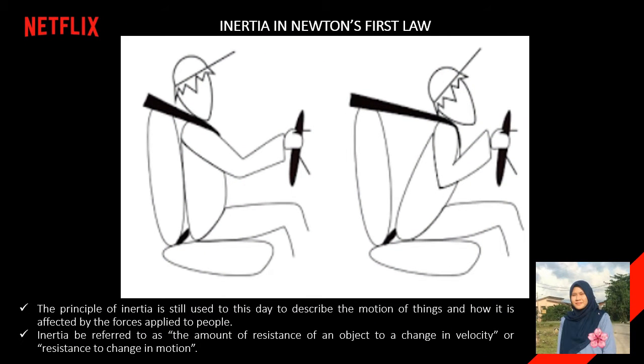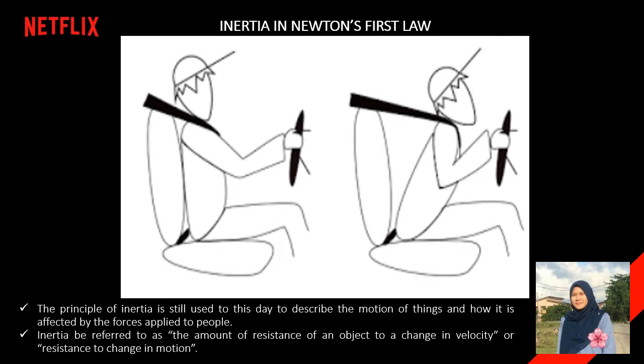Next, the inertia in Newton's first law. The principle of inertia is one of the basic principles in classical physics that is still used today to describe the motion of things and how they are affected by the force given to them.